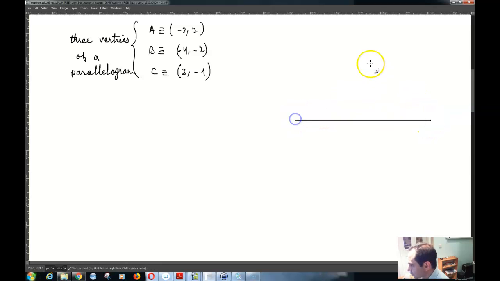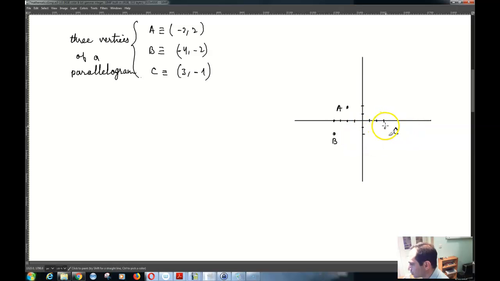So if I plot these points over here, I get negative 2 comma 2. Negative 2 comma 2 is this point over here, it's point A. And then point B is negative 4 comma negative 2, which is this point over here. That is B. C is 3 comma negative 1, which is this point over here.